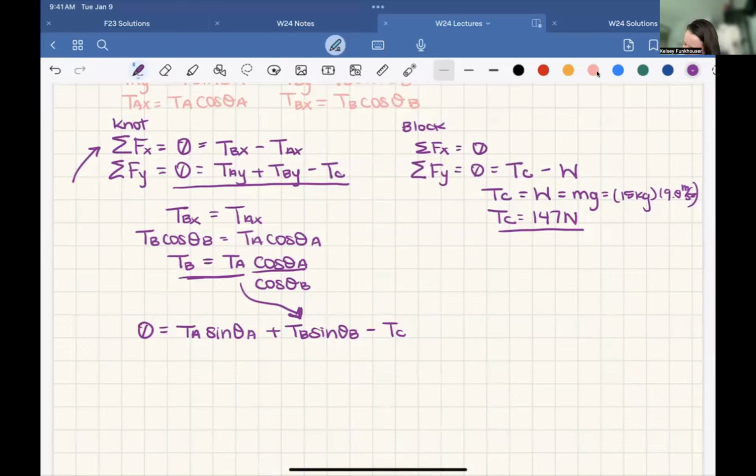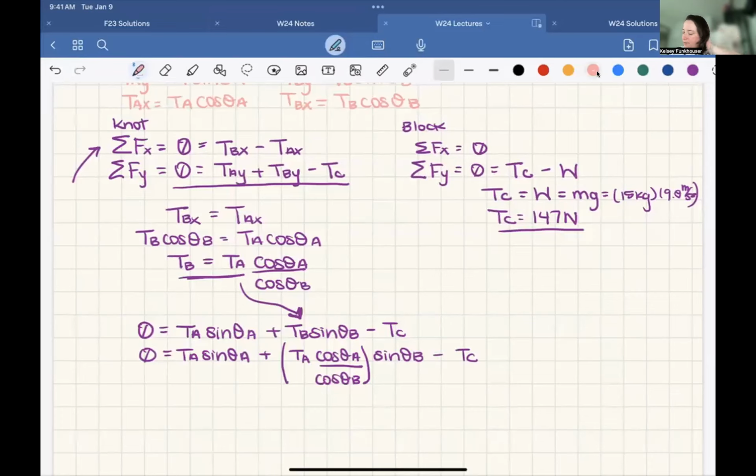So 0 equals TA sine theta A plus TA cosine theta A over cosine theta B times sine theta B minus TC.